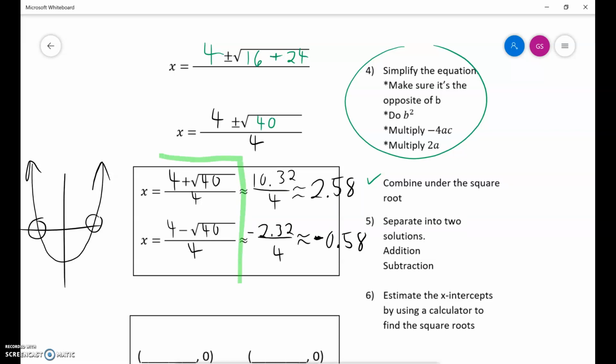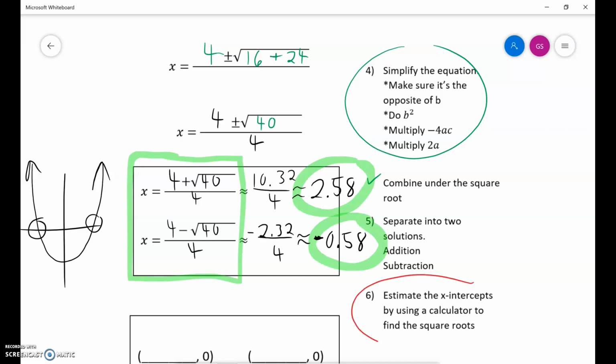Okay. So the thing I want to be clear about is, if you want, you can just leave your solution as a radical, right? The square root of 40. You can't simplify that square root of 40. That's fine. You don't necessarily have to go on and find these approximate values. When I'm doing that, I'm getting the approximate location of those x-intercepts. So one of the x-intercepts is 2.58 approximately. So, hey, there's that one.